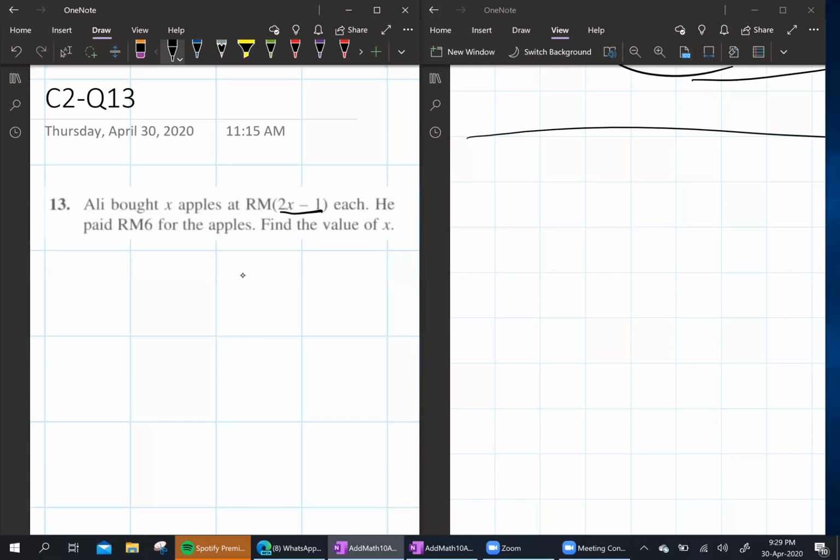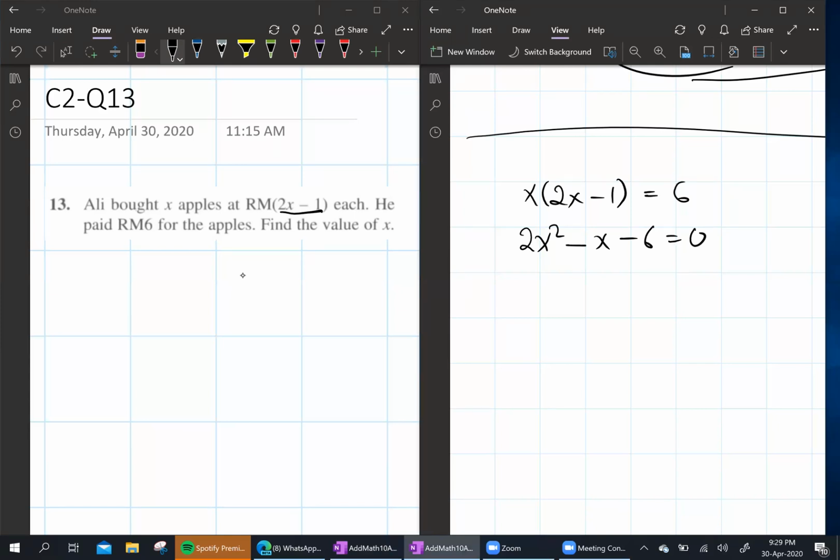Total is x times 2x minus 1. I do it like this. Correct or not? Equals to 6, right? So you expect 2x squared minus x minus 6 equals to 0. Okay?